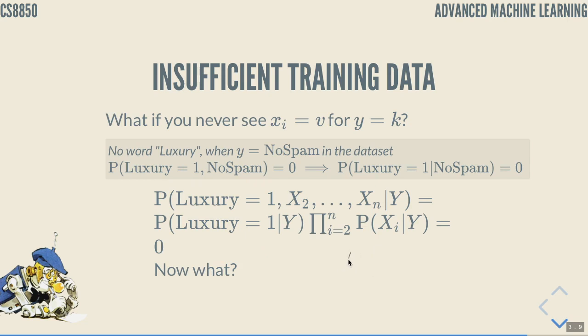Without Laplacian smoothing, for a binary variable, the probability would be the count of ones over the count of zeros plus the count of ones.